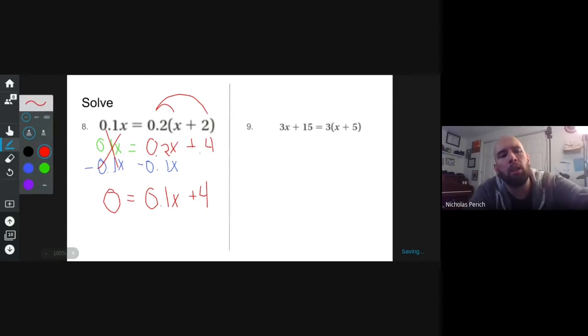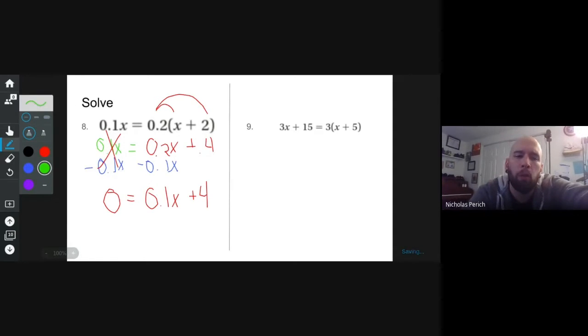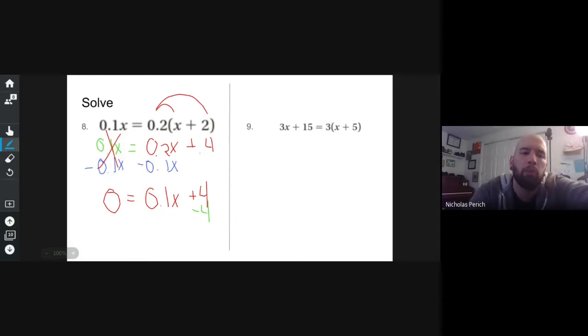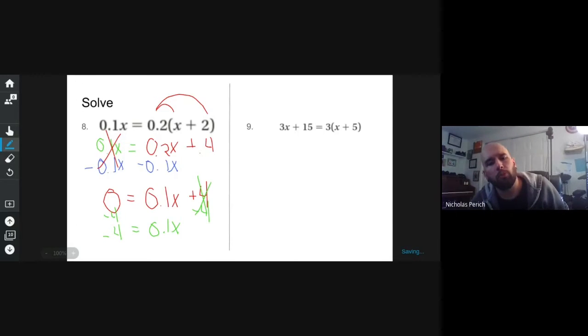Is x all by itself? Nope. I have a 4 floating around, so I'm going to subtract 4 from both sides. That gives me -4 equals 0.1x. And that's crossed out. Is x all by itself?